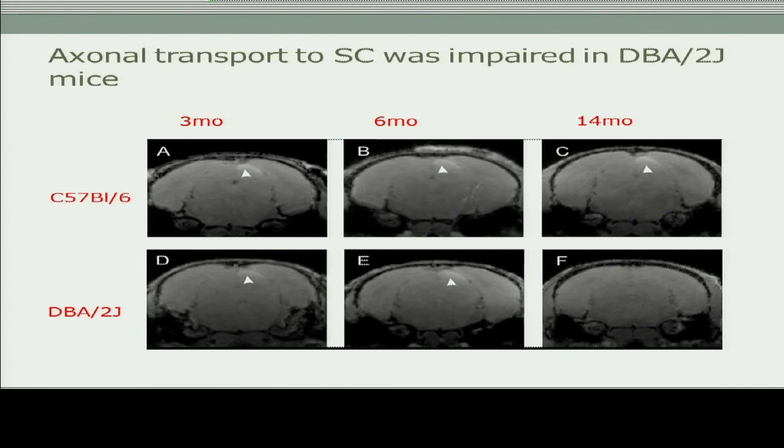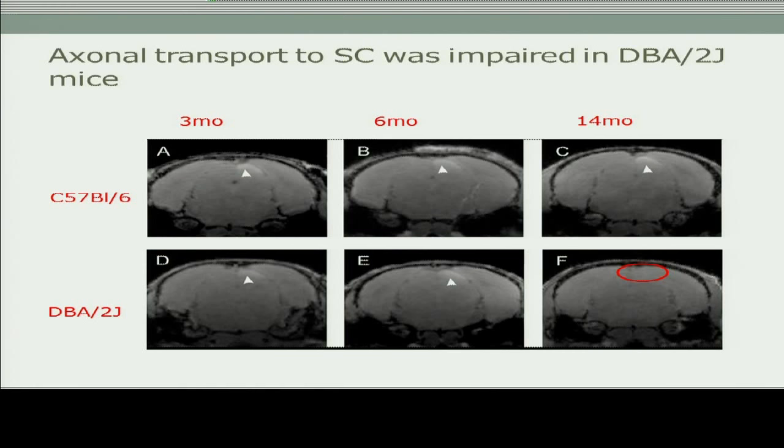In control animals, the enhancement was relatively stable. It was more or less the same in all the age groups. But when you look at the glaucoma group, it appears to be a bit less prominent, and you can see that in old animals there is no enhancement at all.